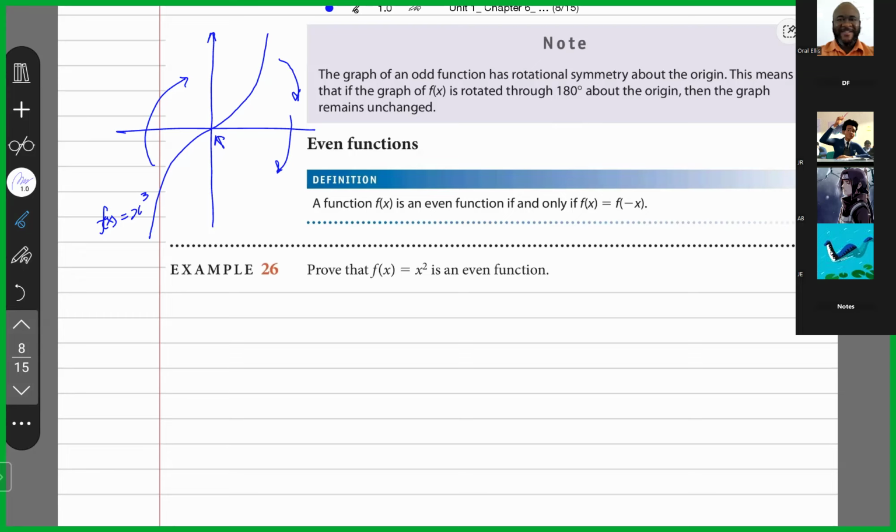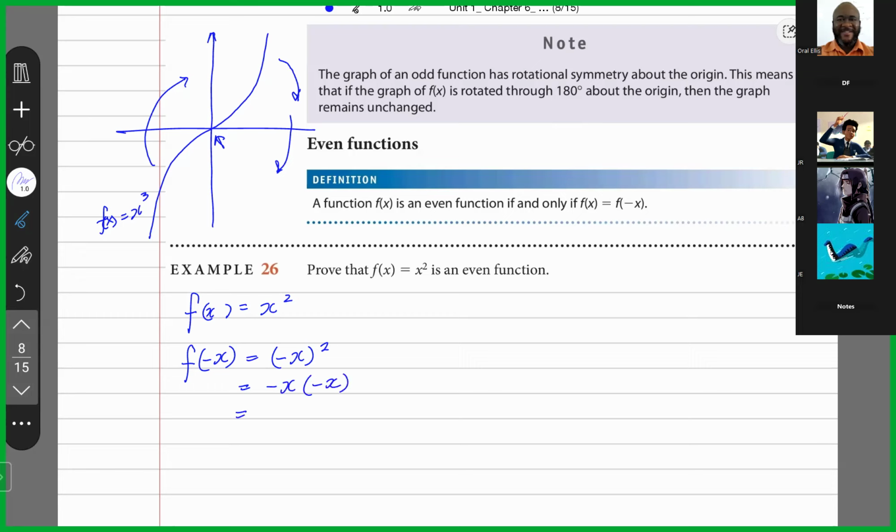Therefore, the graph would remain unchanged. Now, example 26 is asking us to prove that f of x is equal to x squared is an even function. Now, first, f of x is equal to x squared. Now, f of minus x would be minus x squared, and this would be minus x times minus x.